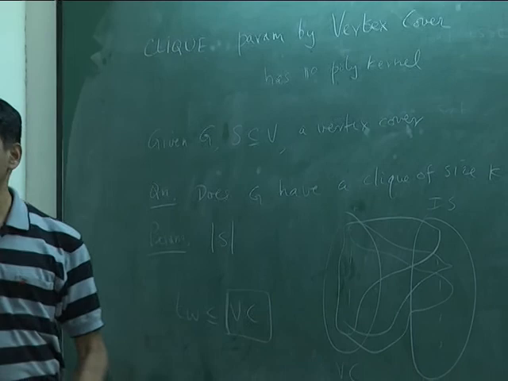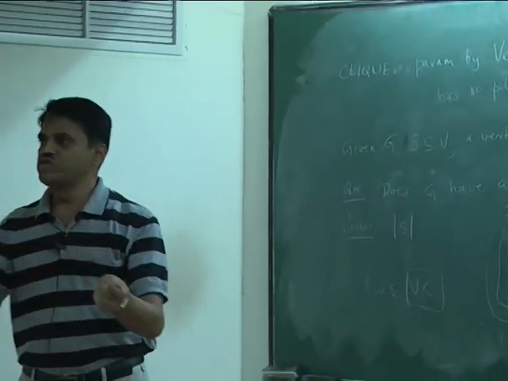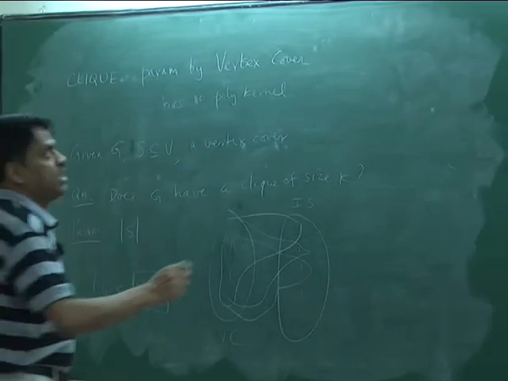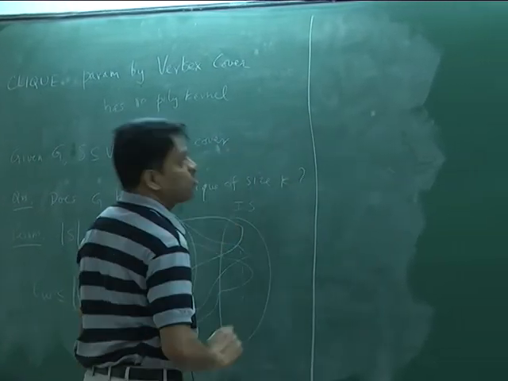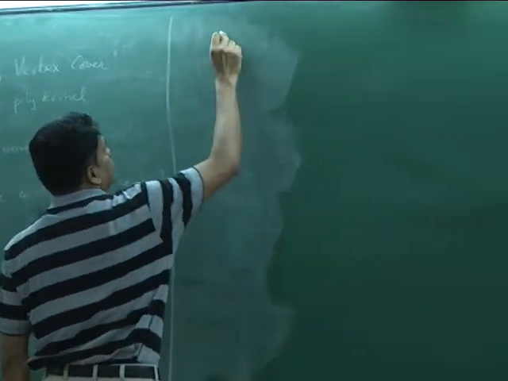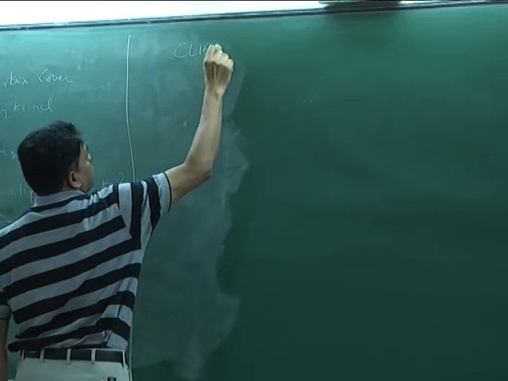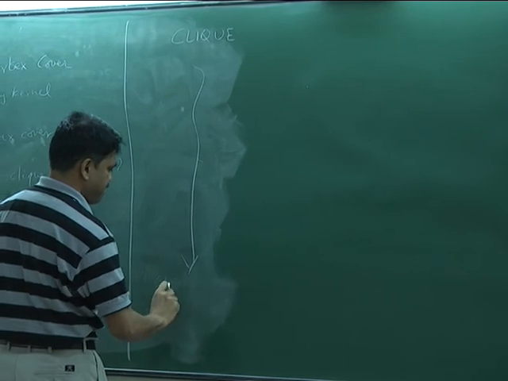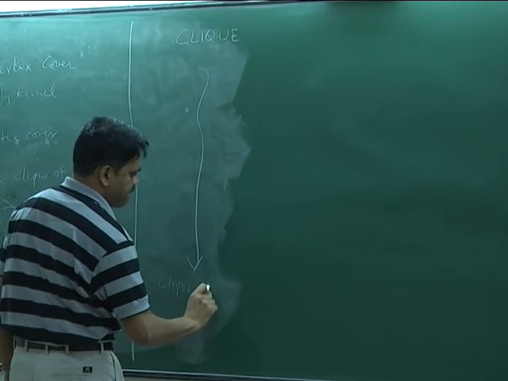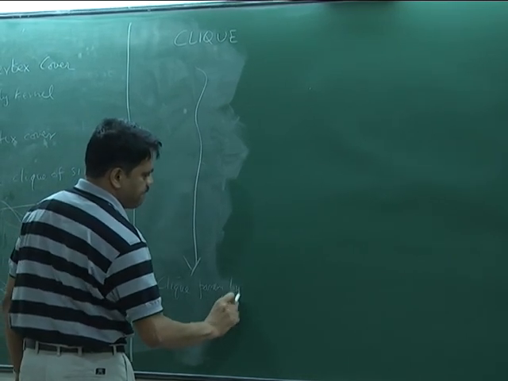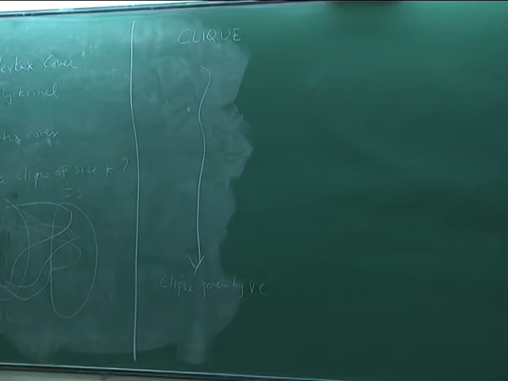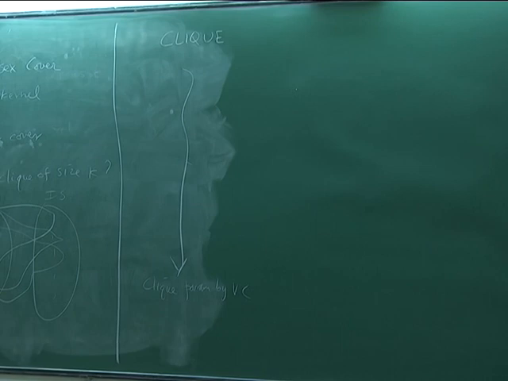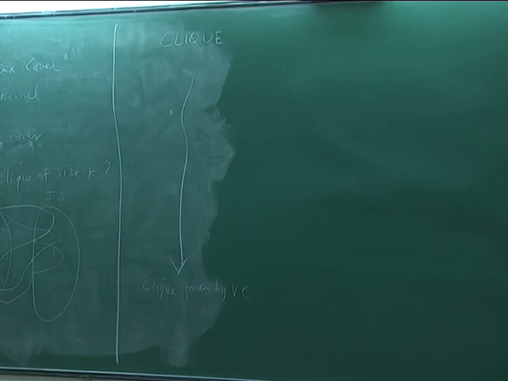The FPT algorithm is simple, but we are going to say no single polynomial size kernel is possible by giving a reduction or a composition, and the reduction is going to go from the standard clique problem to this problem. How do we combine the solutions to the multiple kernels?